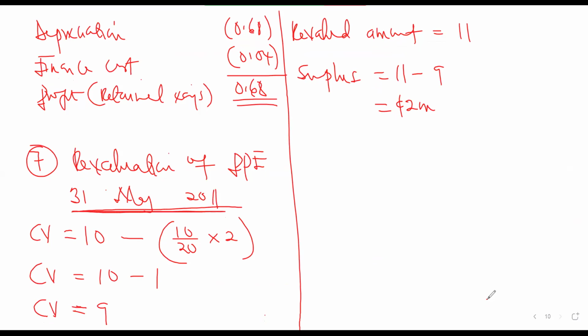So we need to know the carrying value as at 31 May 2012 so that we know whether the asset has impaired or not. So the carrying value will be our 11 million, which is now the new value of the asset. Whenever an asset is revalued, the revalued amount becomes the new value of the asset. That will be 11 million. What will be the depreciation now? How are we going to calculate the depreciation now? Depreciation will be for only a year. And what will be the depreciation value?